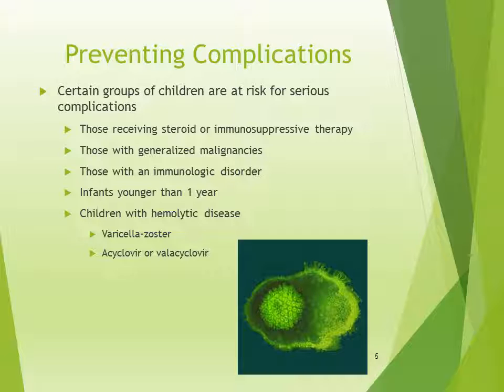Now, what is particularly dangerous to this very susceptible group would include chickenpox, fifth disease, and herpes. And of course, the particular organism that causes chickenpox is varicella zoster. Even though this is a virus, we do have an antiviral that is effective against this organism, and that's acyclovir or valacyclovir.